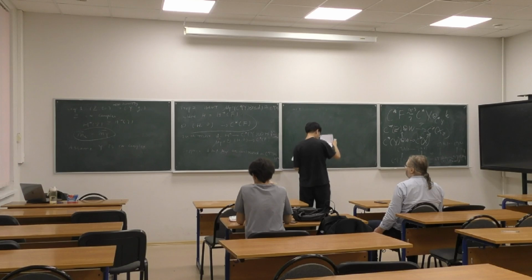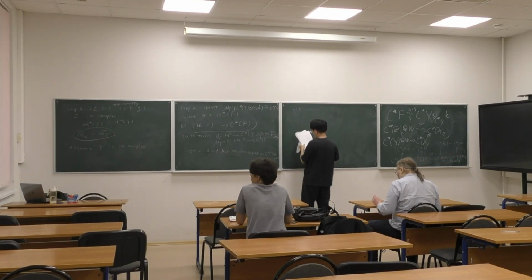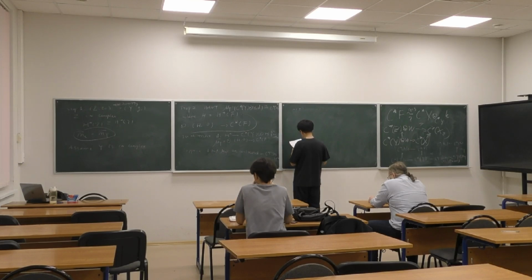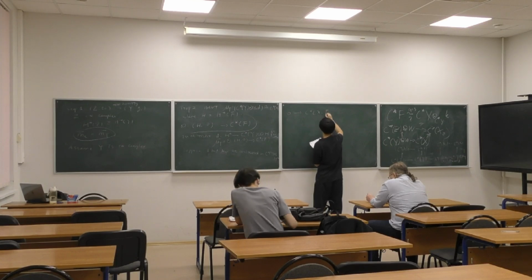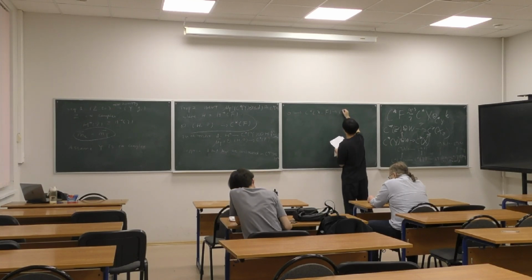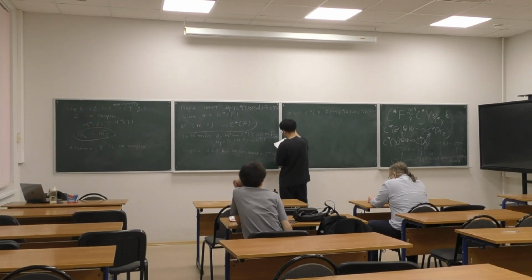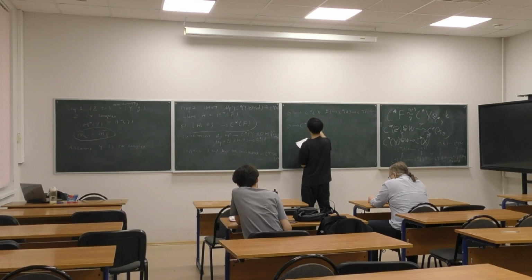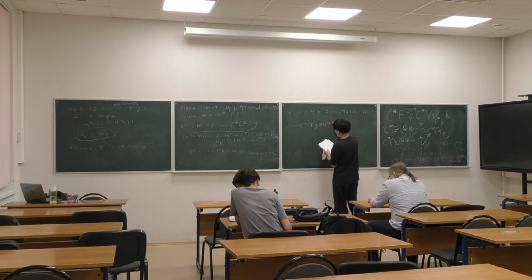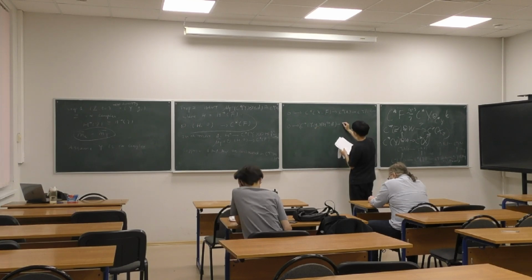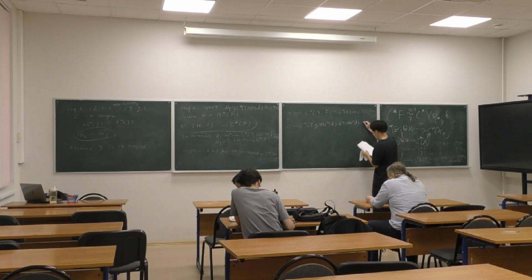Let me see. Okay. Firstly, we have the exact sequence, the relative cohomology singular chain. And this is the second line, zero.